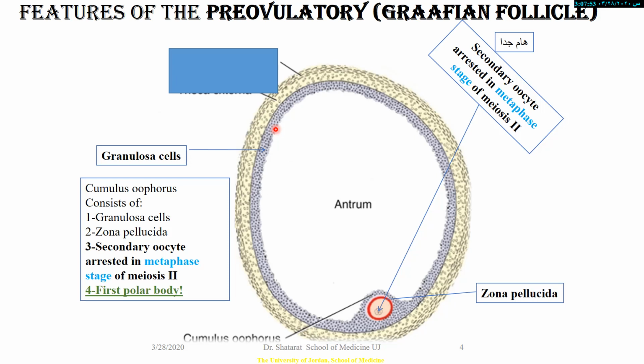And now let's talk about the last product of the last lecture. In the last lecture we talked about oogenesis, and we reached puberty, and we talked about it in detail.